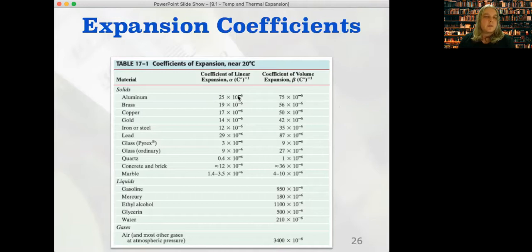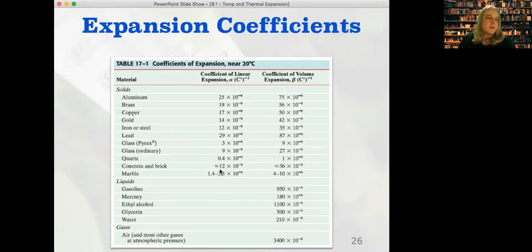So all we're looking for is which materials here have alpha greater than steel. We've got aluminium is greater, brass is greater, copper, gold, lead, they're all greater, right? So they're all greater than steel's 12. So they will all collide with the inside of the ring. Glass won't, quartz won't, concrete and brick won't because it's about the same. So that means that it will never actually expand enough to overcome the steel expansion, and marble won't.